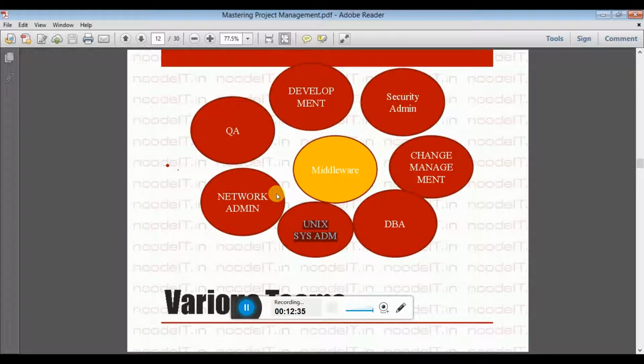Maybe they can send a mail or say something, but let's say you send a mail and the Unix system admin did not see it, then you are waiting for them to respond. You don't know whether they have seen the mail or not. So general mail communication is not always efficient. Yes, in some projects it is used, but it is not an efficient way of communication.